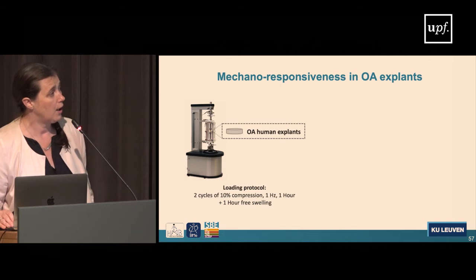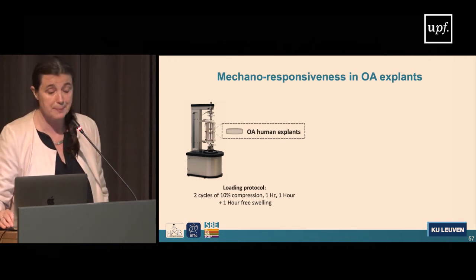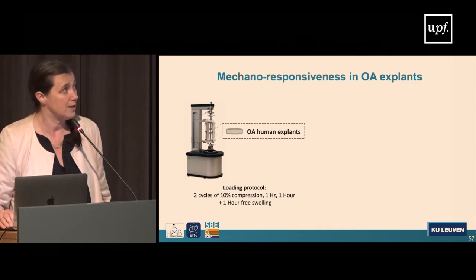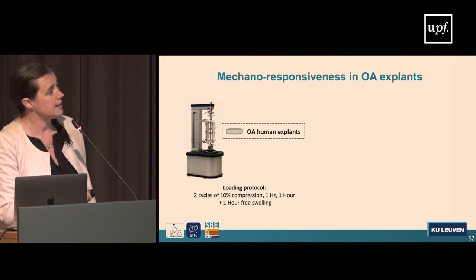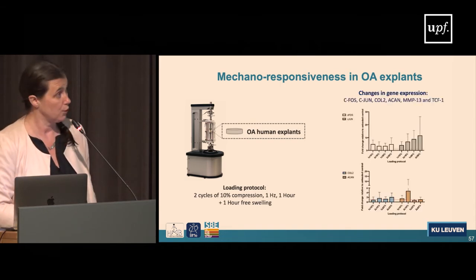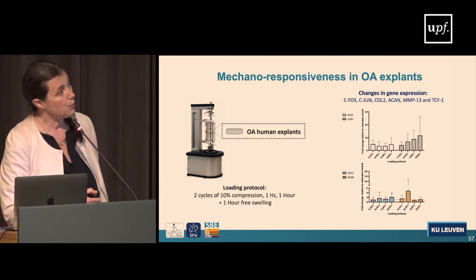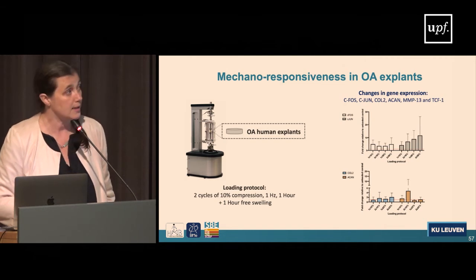We have a loading setup in which we take human explants, typically from hip surgery. This is more hip related, but that's for practical reasons. And we load those explants in our bioreactor, and we have been looking at different protocols that we applied in order to then look at the gene expression in the explants.